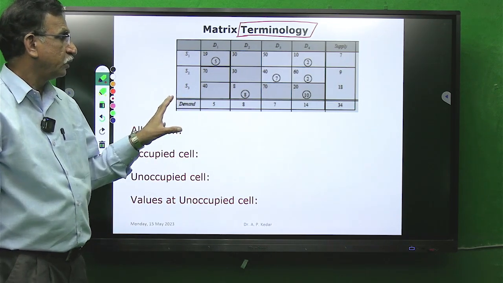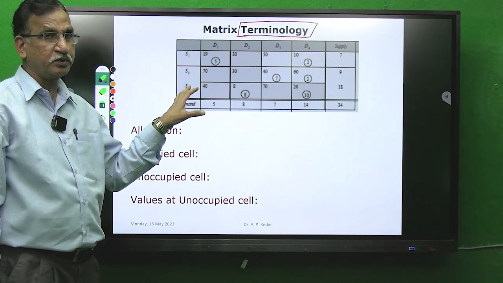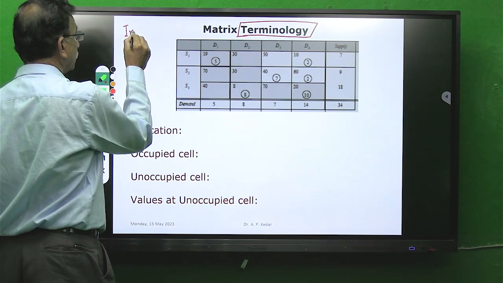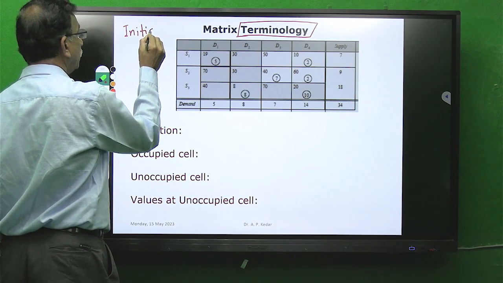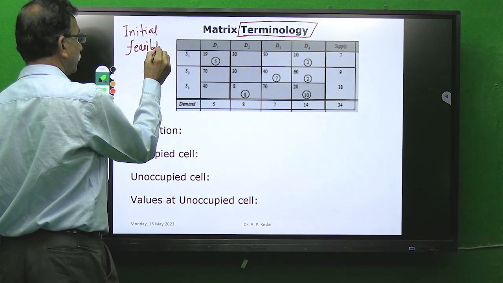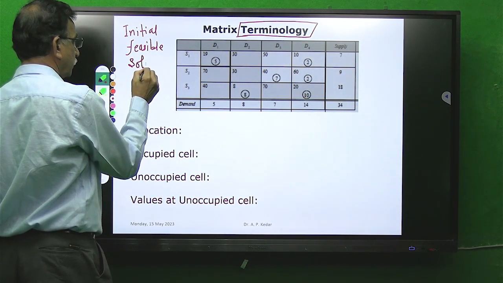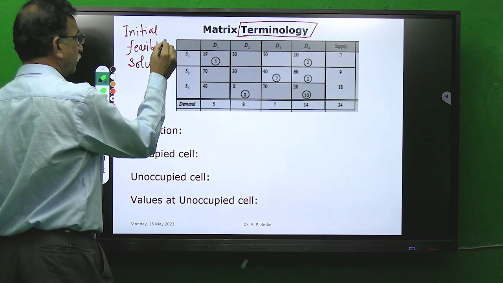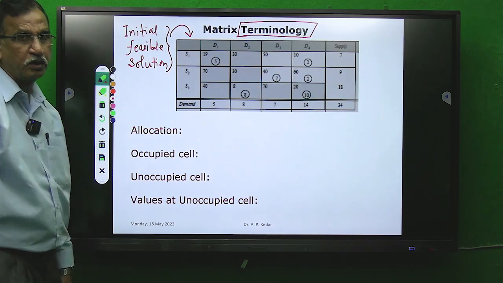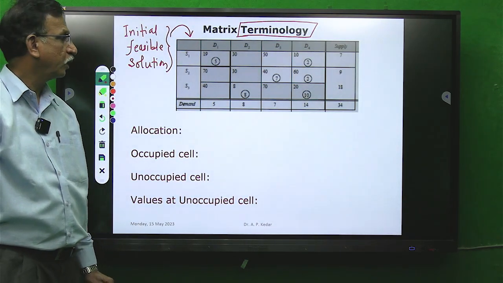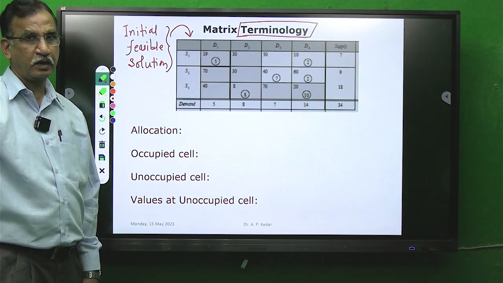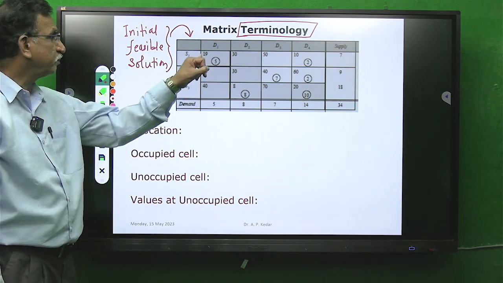Now here, with the assumption that this is the initial feasible solution, for understanding, what we are witnessing right now is an initial feasible solution for a transportation problem, and we got a structure like this. If you recall my earlier lecture, I explained the meaning of this.